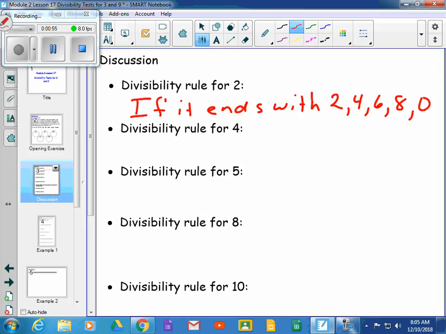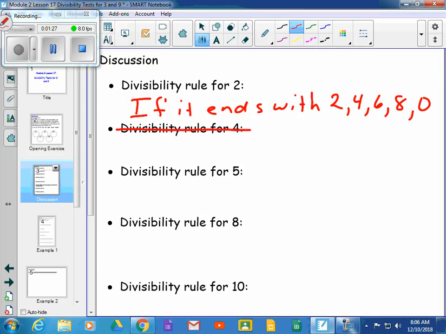Any even number is divisible by 2. To be an even number, it has to end with a 2, a 4, a 6, 8, or a 0. So a number like 86, it ends with a 6, it can be divided by 2. 102 ends with a 2, therefore it can be divided by 2. However, 105 does not end with a 2, 4, 6, 8, or a 0, therefore it cannot be divided by 2.